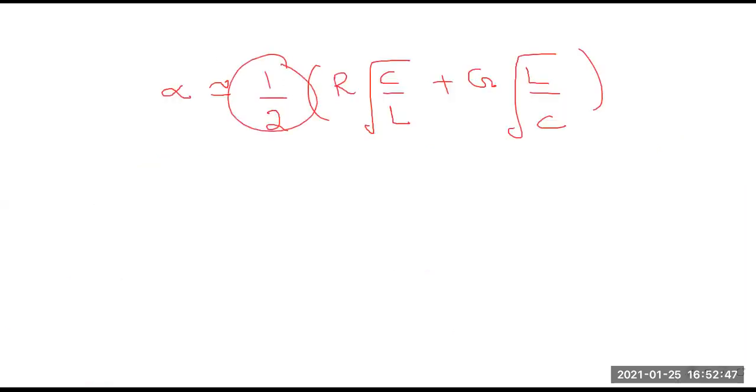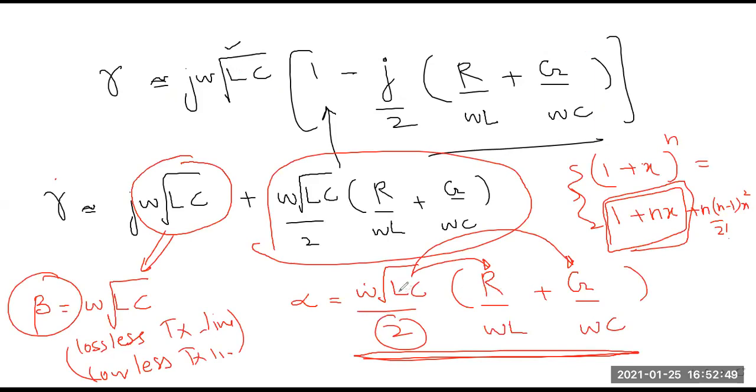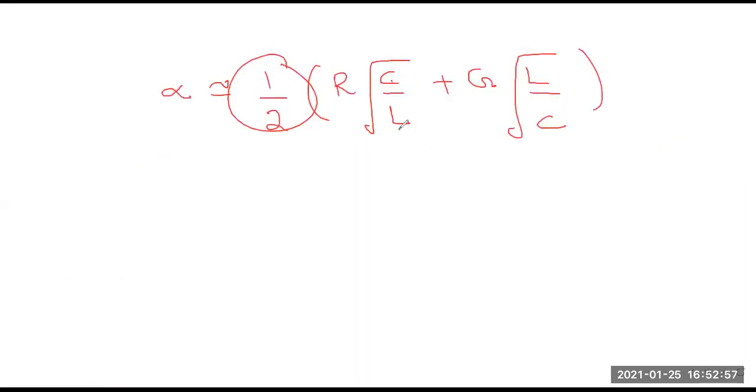Then you have R, and because you have under root L and L, the under root L will come in the denominator, and under root C will be in the numerator. Similarly you get this.